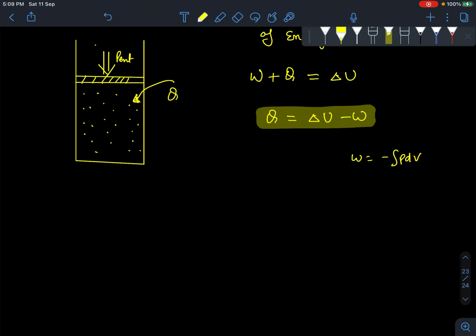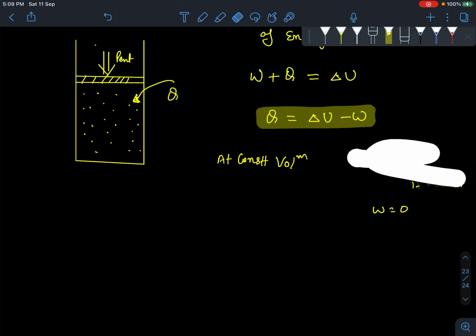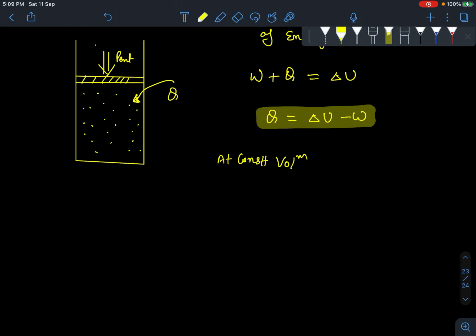So if volume becomes constant, if V is constant, don't you think W will be 0? So yes, that's what the statement is. It means at constant volume, heat exchanged will be equal to change in internal energy.